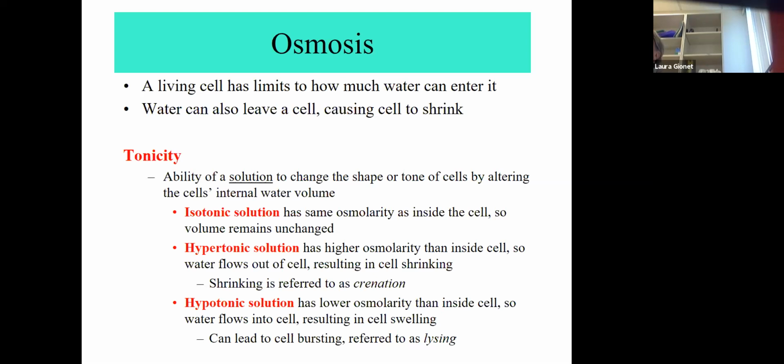If the ratio of solute to solvent is dramatically different outside the cell versus inside the cell, and we're going to assume that the inside of the cell isn't dramatically changing on its own, then what is the effect of the fluid environment a cell sits in, like a red blood cell sitting in the plasma of blood, on your red blood cells, and ultimately out in the body as well?